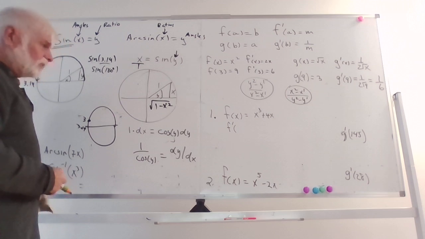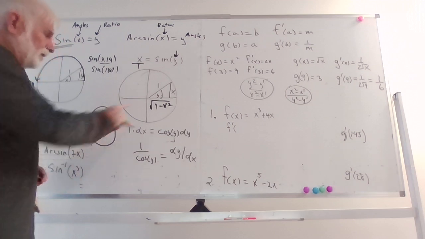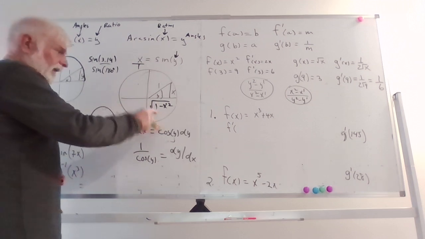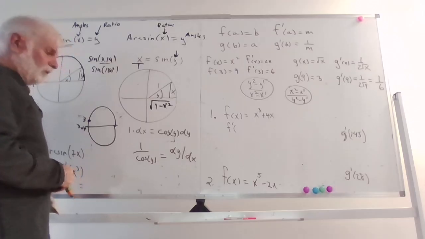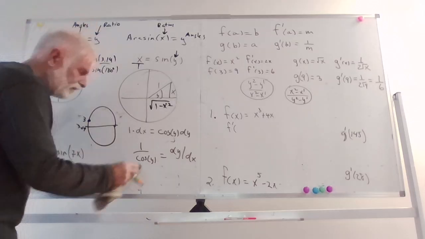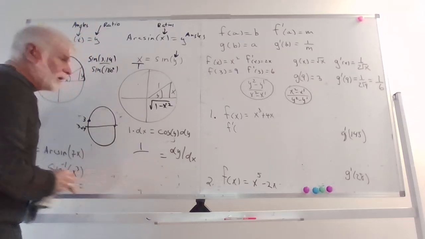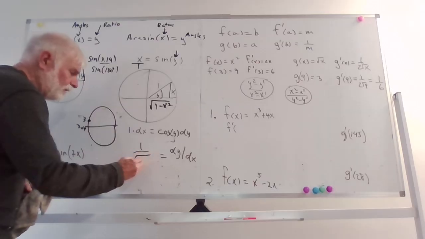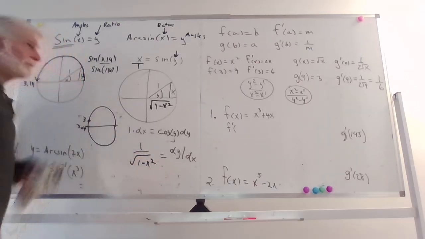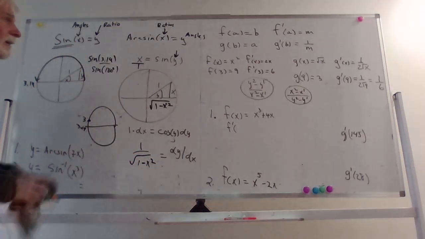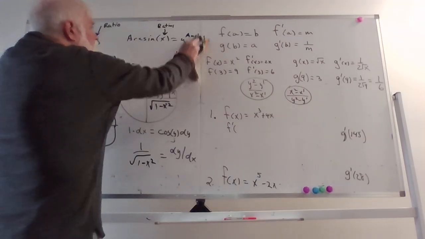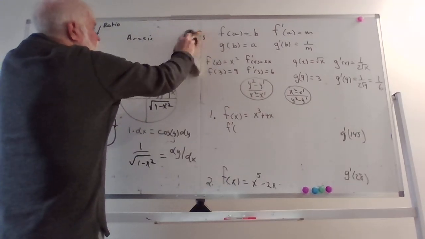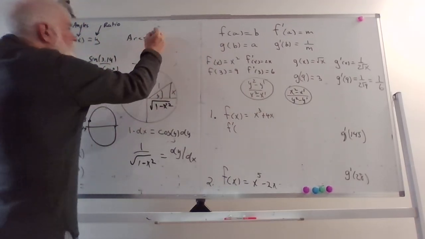All right, and so what do I have? What is the cosine? This length divided by the hypotenuse. So therefore, what is the cosine, and I'm going to erase this now? It's the square root of 1 minus x squared. So you memorize it. And so what would the derivative of the arcsine of x squared be, maybe you'll intuitively know this?